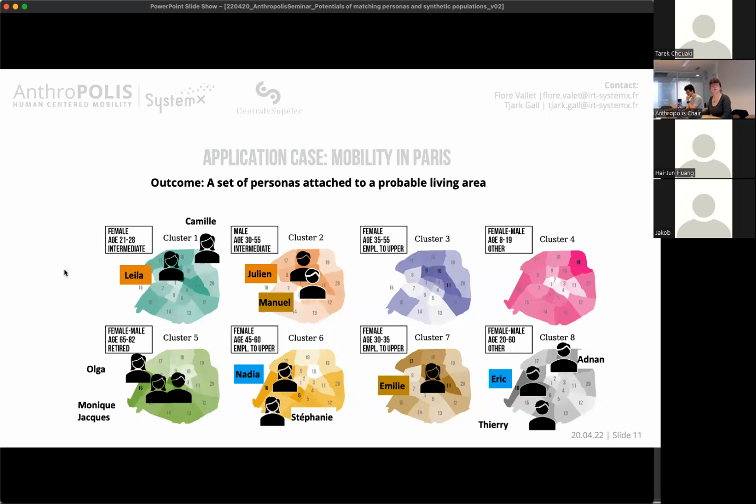Here, from the different personas, the colors were kept for couples. We could see that we could, in fact, assign the personas to the different living areas and to the different clusters this way.